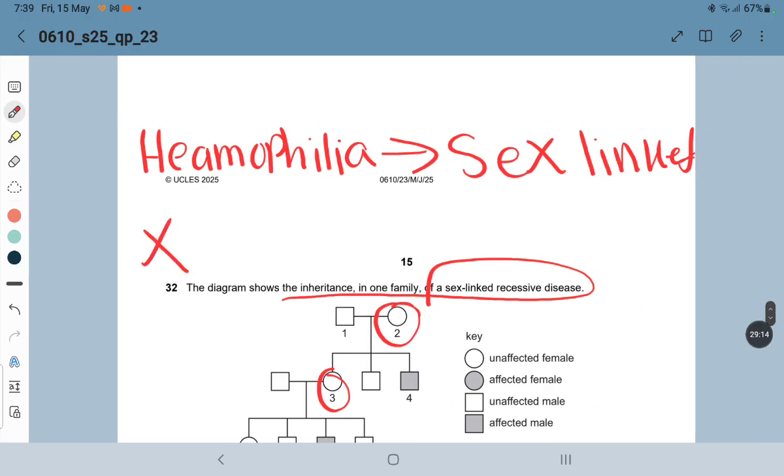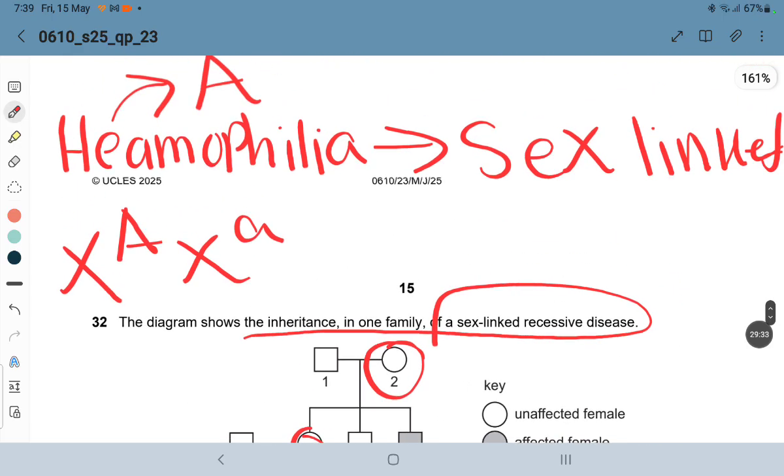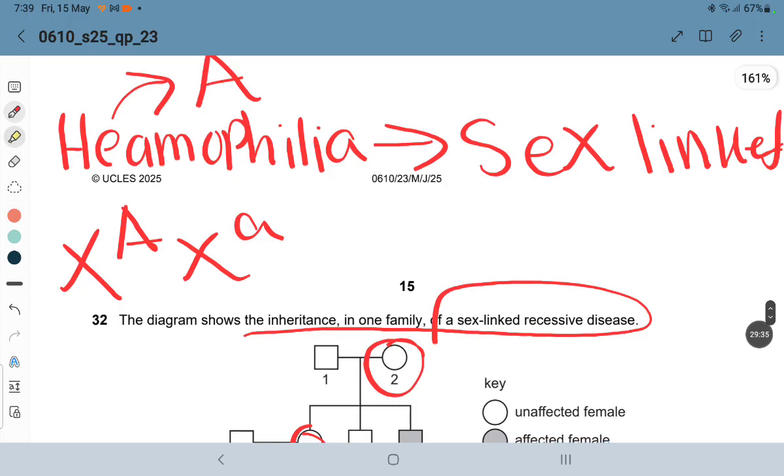If I give hemophilia the letter A, a female that has the disease would be XA XA. Amazing. Now you are saying that number 2 is a carrier. That number 2 female is a carrier female. She is not infected, and the evidence is this diagram.